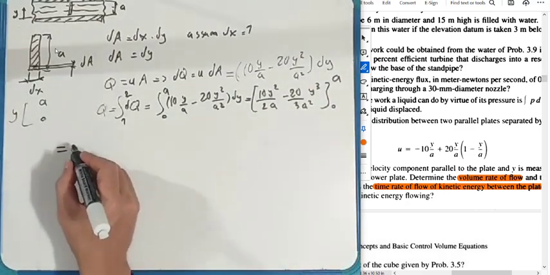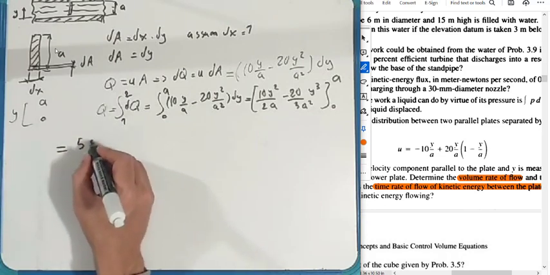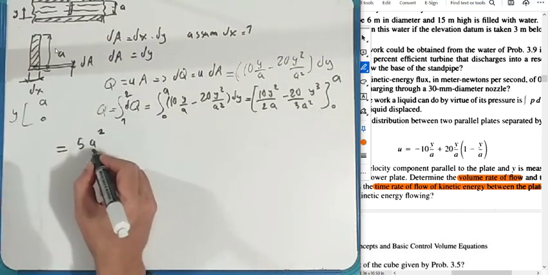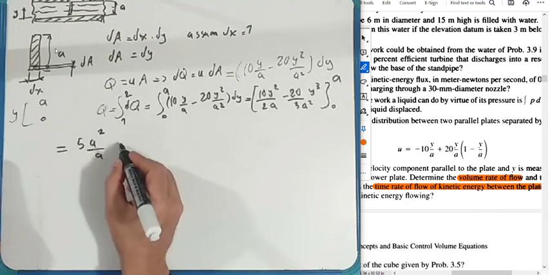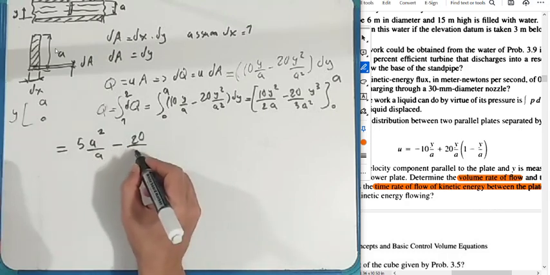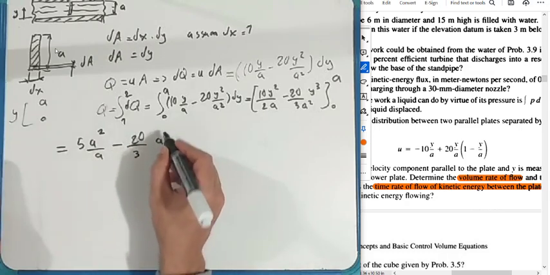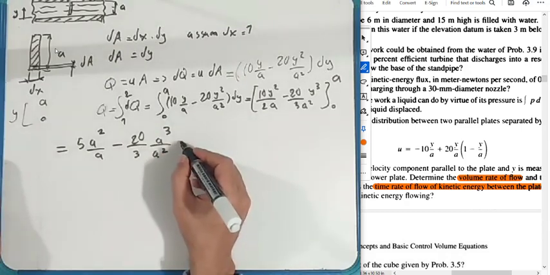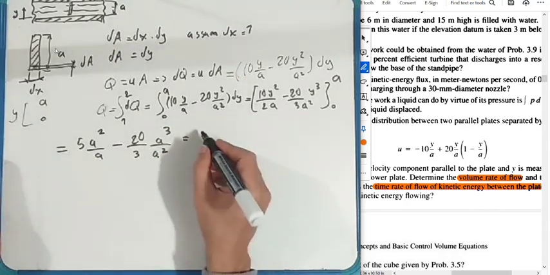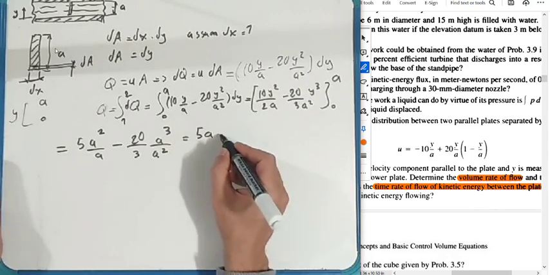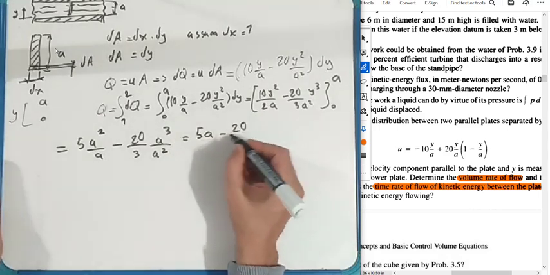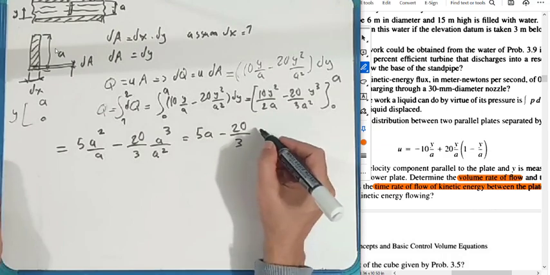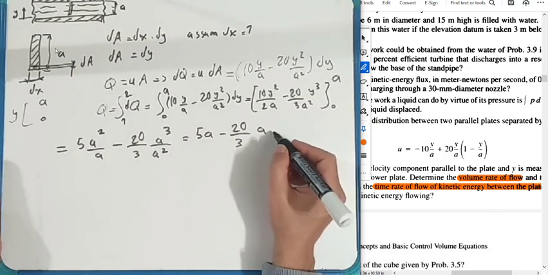It equals 5a squared over a minus 20 a cubed over 3a squared. It would be 5a minus 20 over 3 a.